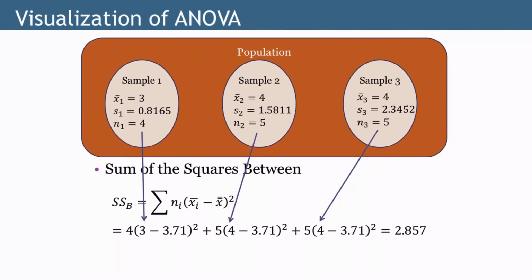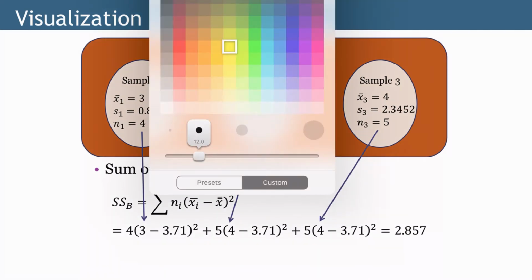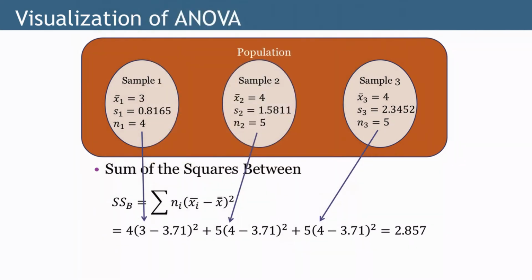All right, so now let's do the sum of the squares between. So we're going to run this formula. For the first formula, what's n for my first sample? Well, n is 4. What's x bar for my first sample? Well, x bar is 3.